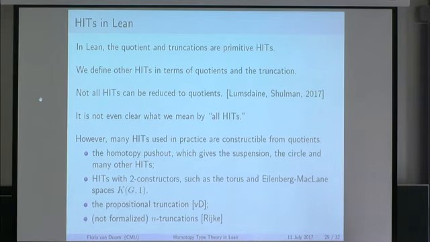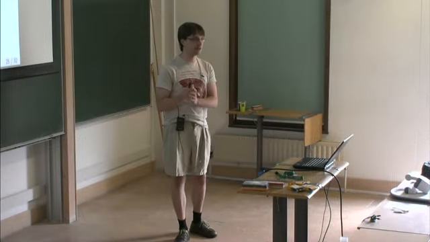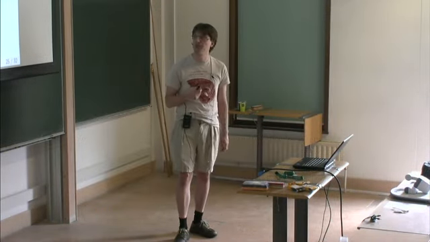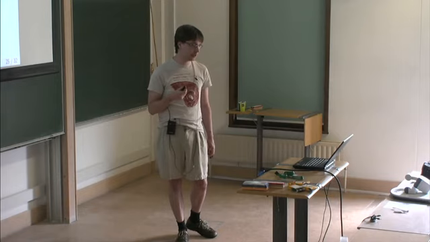In Lean we just have two higher inductive types, but having just those two, we can construct many other higher inductive types from them. The idea of Lean is really to reduce many of the higher inductive types used in homotopy theory to just quotients and truncation.